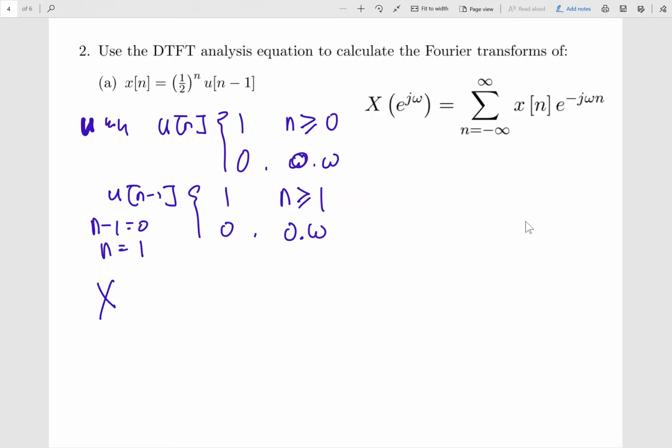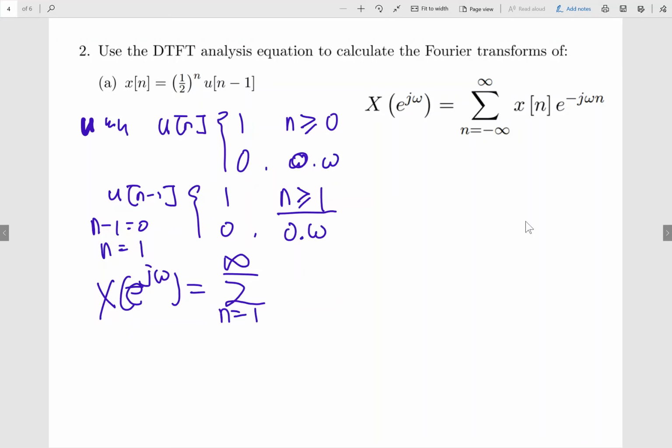So we can have X(e^{j omega}) equal to, as we said, n larger or equal to 1, so n goes from 1 to infinity, of x[n].